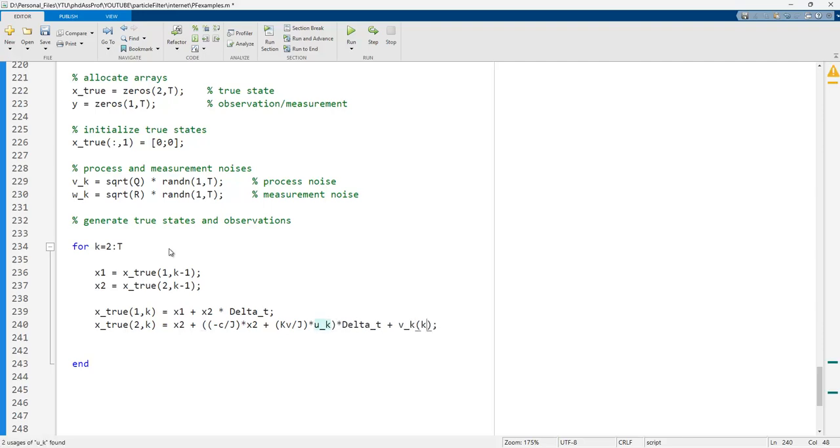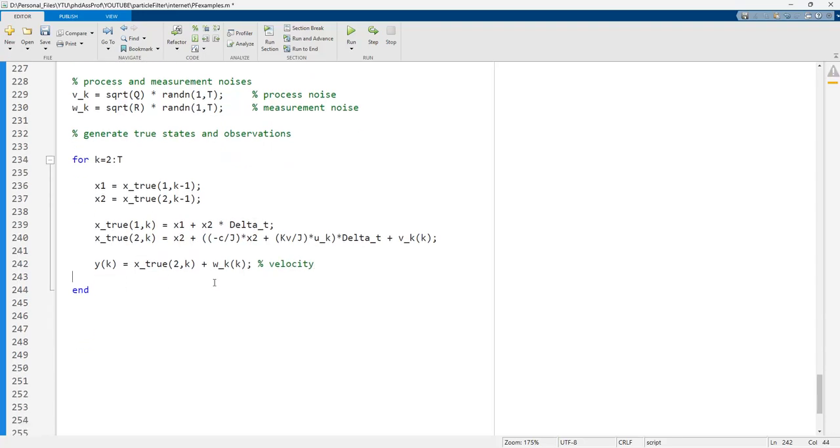Okay, so these are the states, and yk is equal to x true 2 at k plus wk. This is the velocity. We measure the velocity values here.